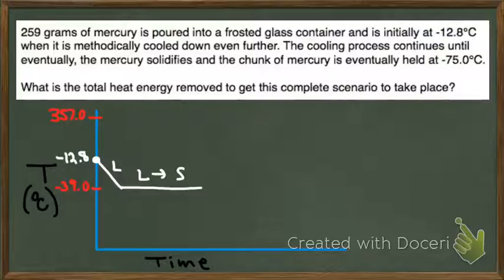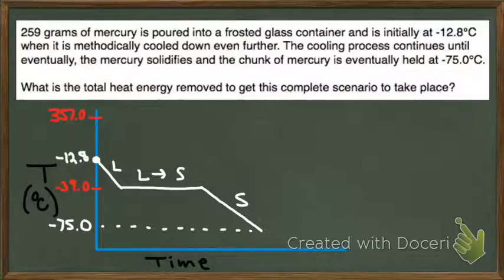As I continue to cool the sample, that liquid mercury is going to solidify. I notice though in my problem that we are going to continue this until we get to negative 75 degrees. So I actually have a third step where, once the mercury is solidified, I continue to cool it and cool it until it gets down to negative 75 degrees.